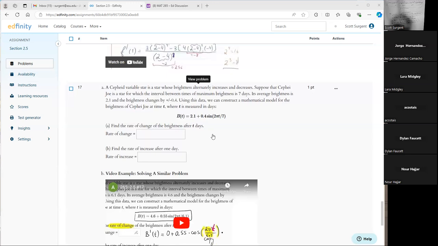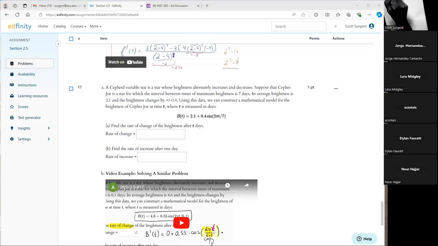A Cepheid variable star. Let me read this one. It's talking about the brightness of a star at time t. So for the first part, find the rate of change of the brightness after t days. Just take the derivative.